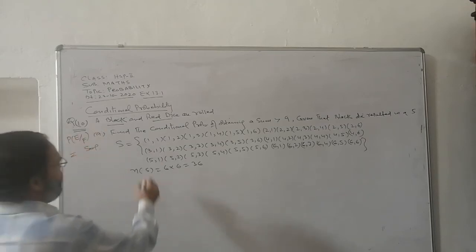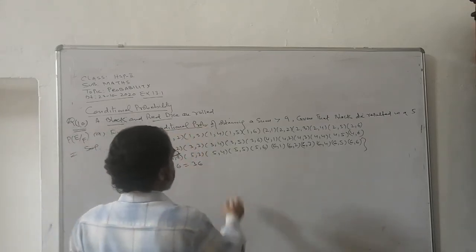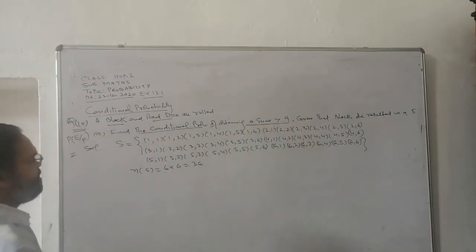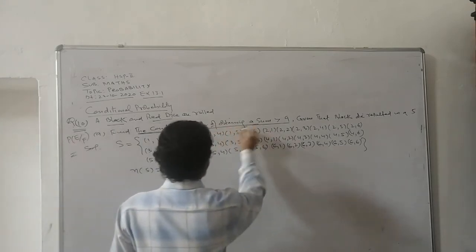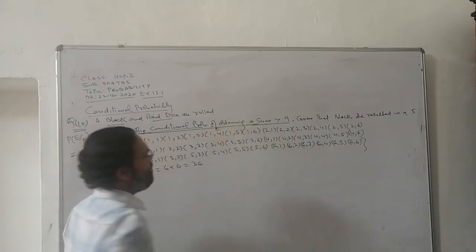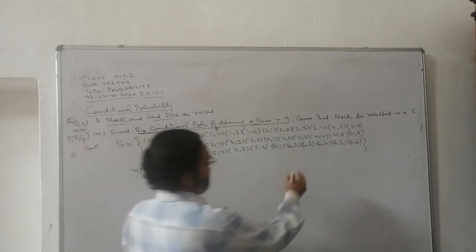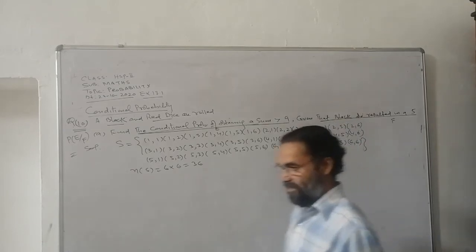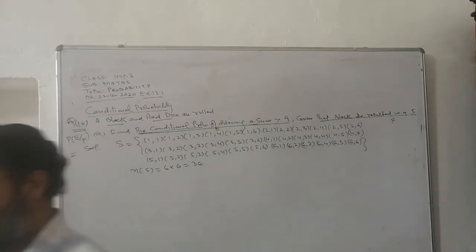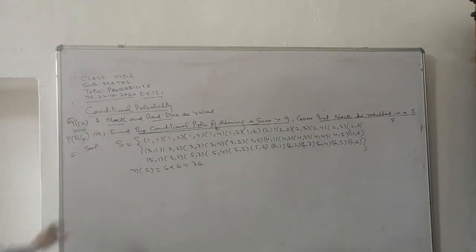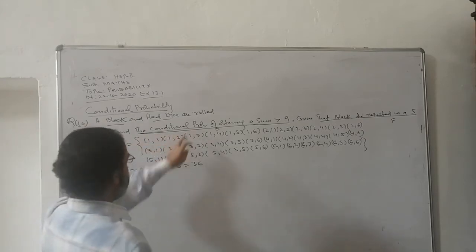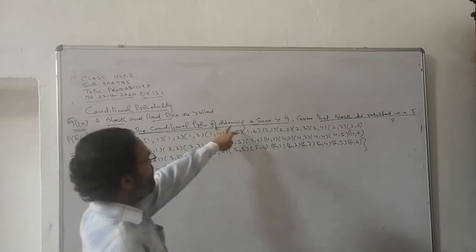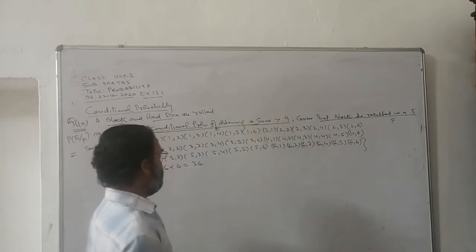Now we have to find the conditional probability of obtaining a sum greater than 9. So this is event E, and this is event F. So we have to find out the two events E and F from the given question. First, event E is that we get a sum greater than 9.